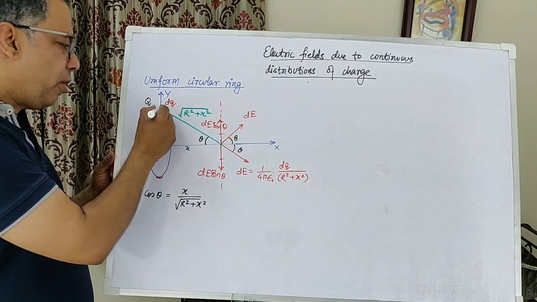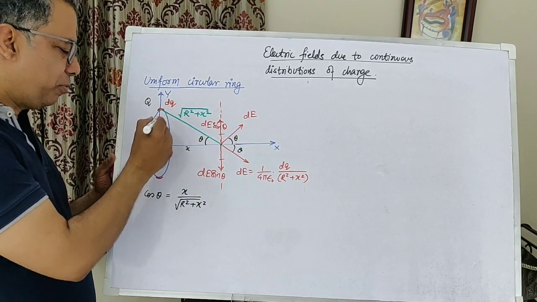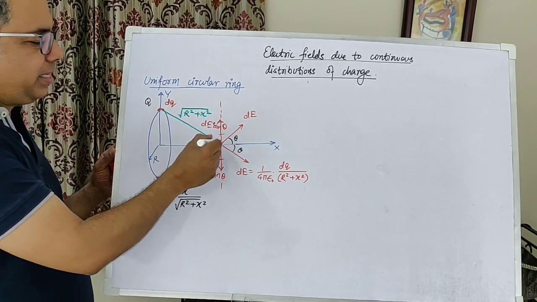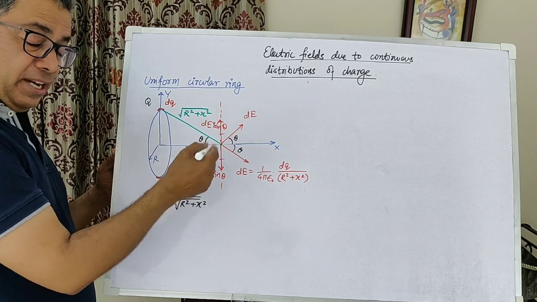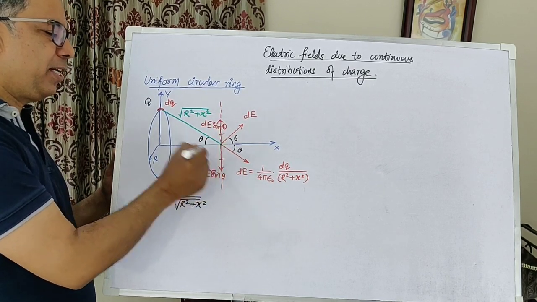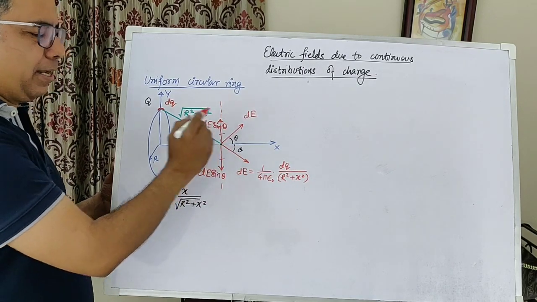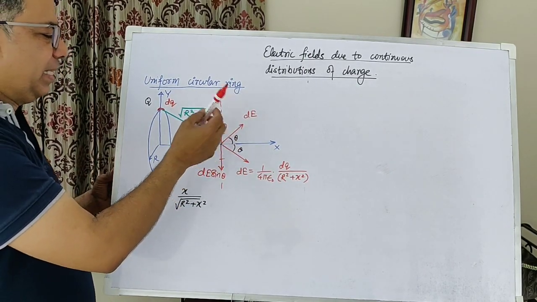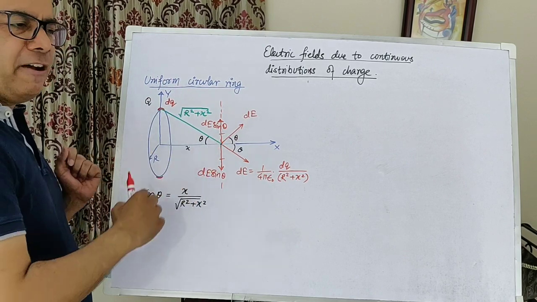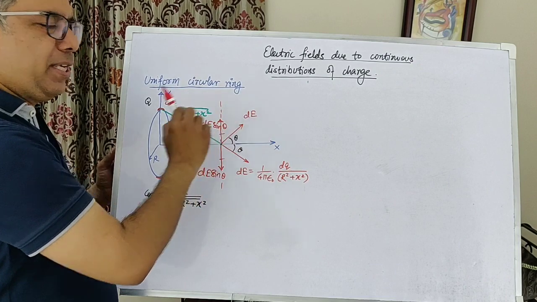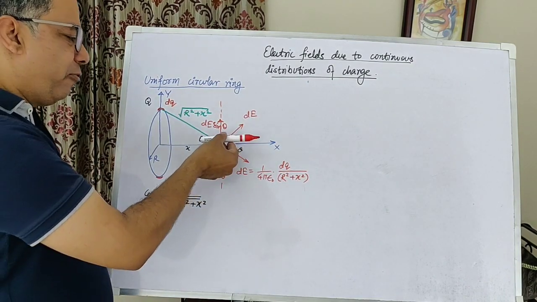Therefore, for all such diametrically opposite elements of charge, the field components perpendicular to the axis of the ring all cancel out.